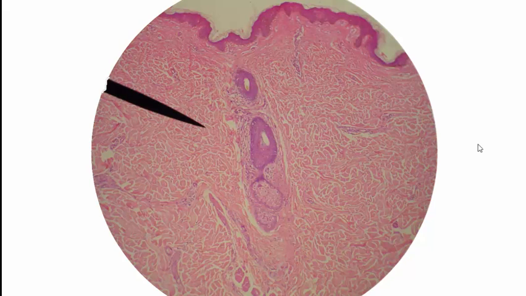This is higher magnification. This is at least 100 times magnification of thin skin. And now we can see even better these hair follicles and this sebaceous gland. And we're starting to see at least the nuclei of the smooth muscle cells that make up the pili arrector muscle there.